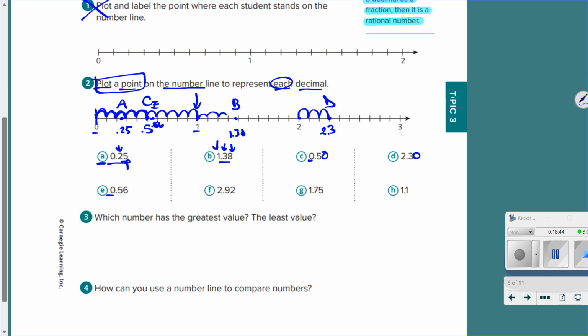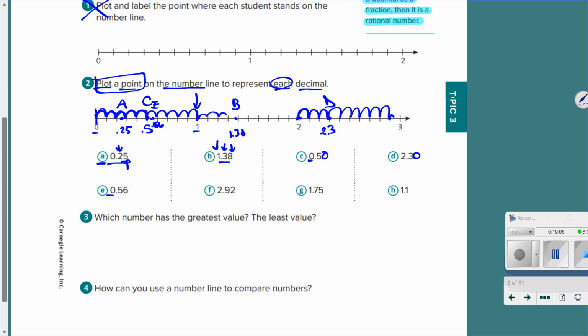All right, $2.92. Where am I going to start? Where am I going to stop? Nine spaces to the right. Then I'm going to do what?